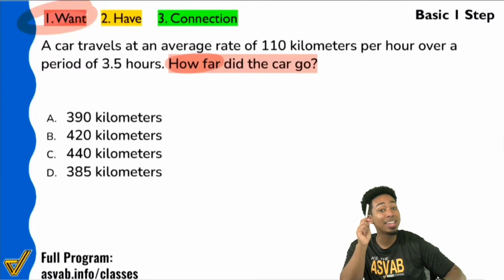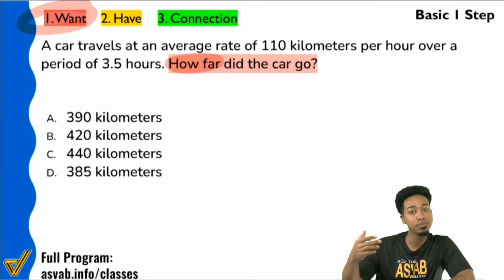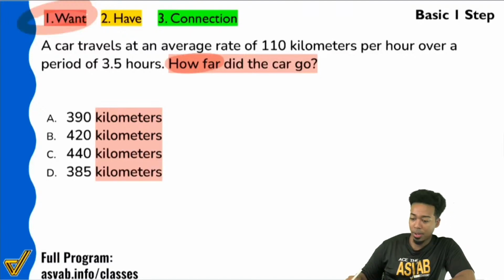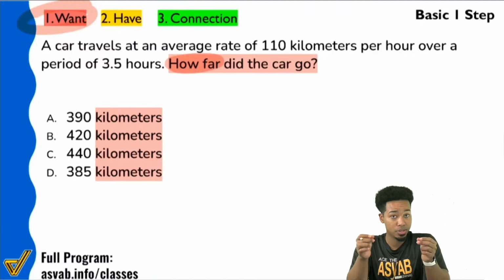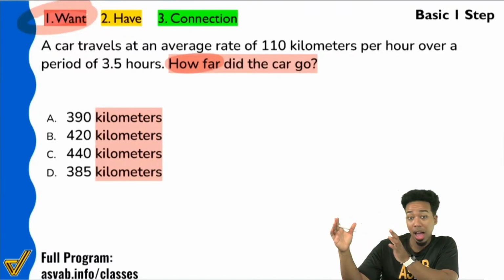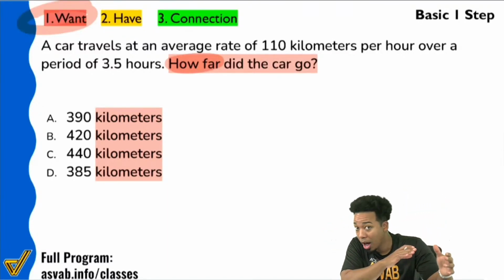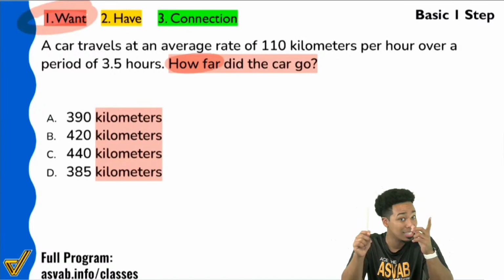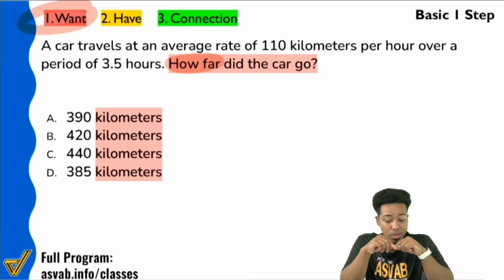So if you ever had a doubt as to what kind of unit you're looking for, look at the answer choices. It all says kilometers. Just plain old kilometers, not hours, not kilometers per hour, just kilometers. What is that an example of? A distance, a rate, or a time?